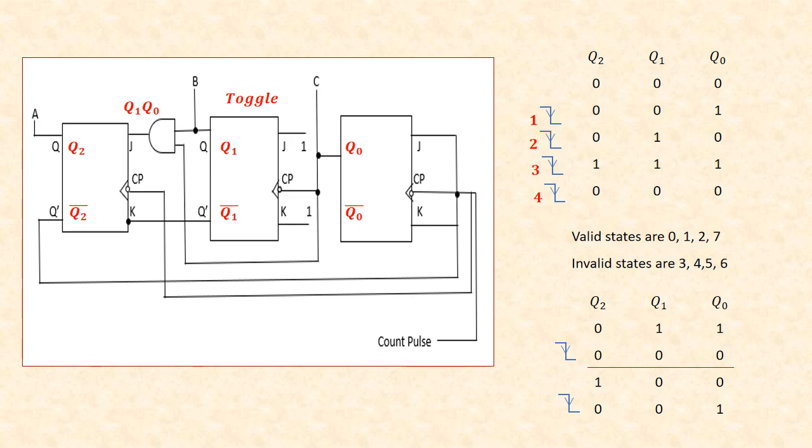So the counter enters into a valid state. Similarly, if you assume invalid state 4, that is 1, 0, 0, for that also it enters into valid state 0, 0, 1. So this counter is self-starting.